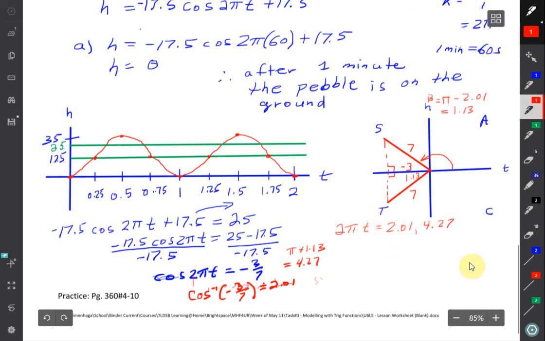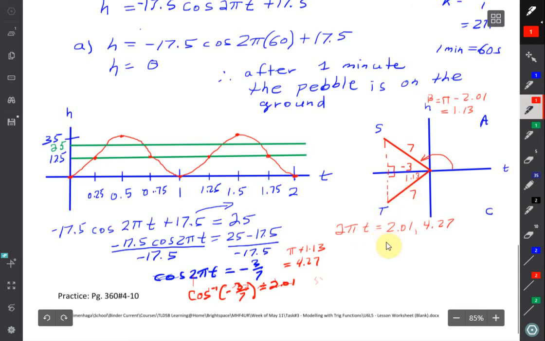Now remember, this is not t yet, this is 2 pi t. But we at least know that we have the values we need for the first two spots here where these cross that line, and then we need the next two. So on our graph here, or Cartesian plane, this next value would be 2 pi away from this one, and this next value, if we went a full 2 pi around, that would be the next value that corresponds with that.